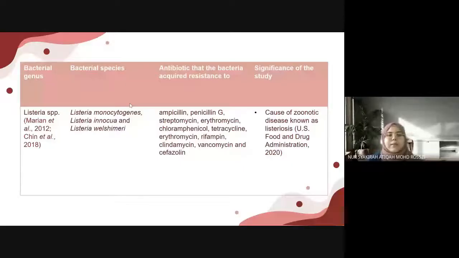The next species is Listeria species, where 2 out of the 7 papers chose this bacteria to be isolated. It is also resistant towards multiple antibiotics. Listeria species is known to cause a zoonotic disease known as listeriosis.